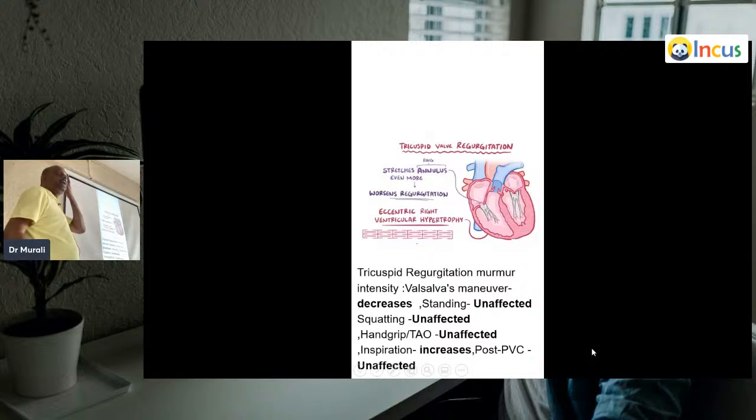But what is important? Tricuspid is a right-sided valve. So inspiration always will increase venous return and increase the right-sided murmurs. Always remember that. Okay?